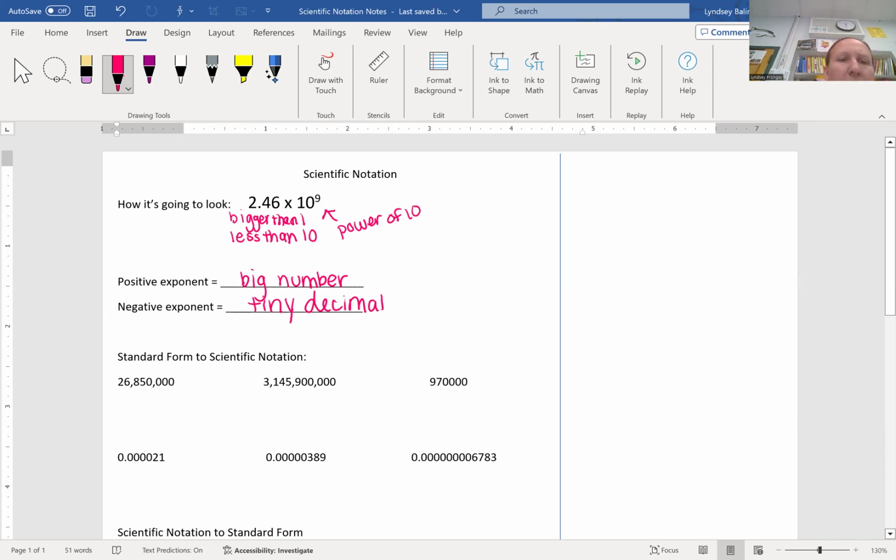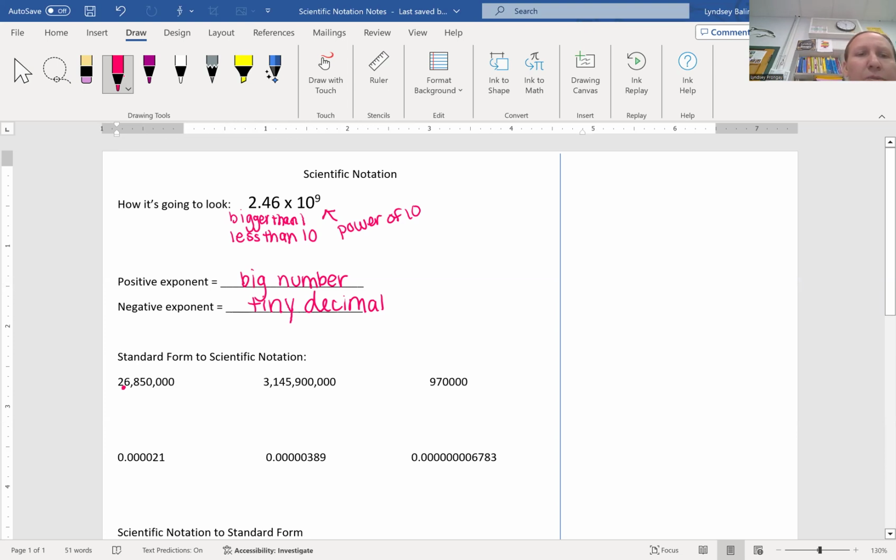So here we are going to go from standard form, which is our typical way we write numbers, to scientific notation. In our big numbers here, we're going to place a decimal in a spot that creates that number that's bigger than 1 and less than 10. Really key to doing this is to just place it after the first number, at least with our big numbers here.